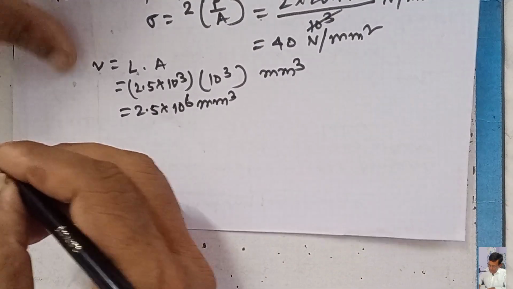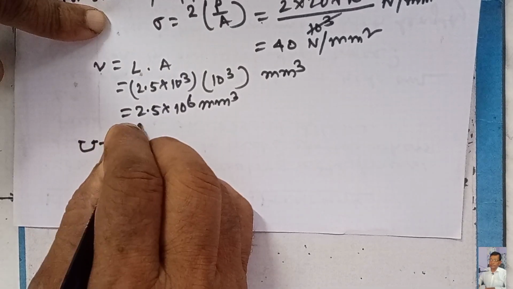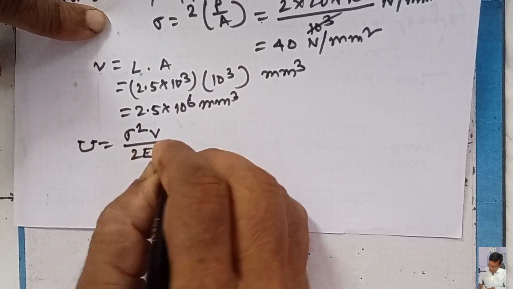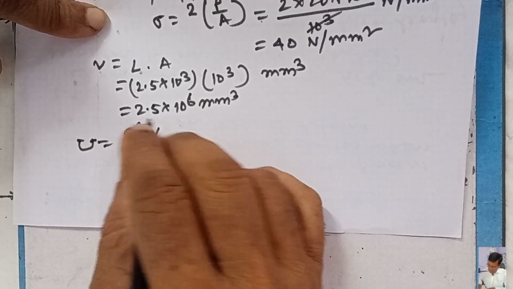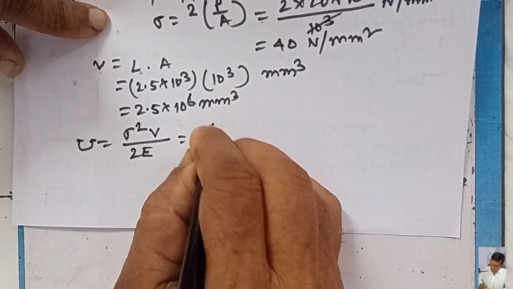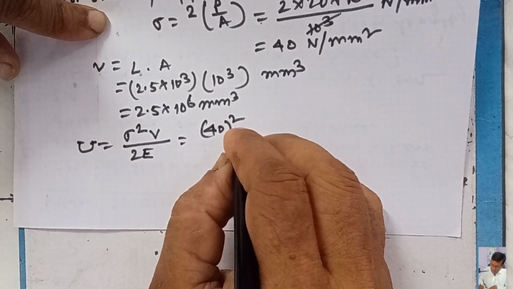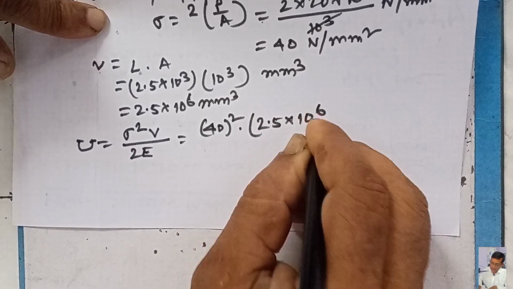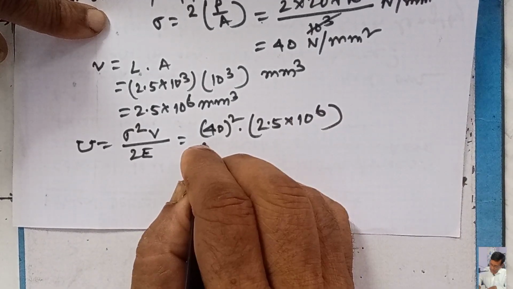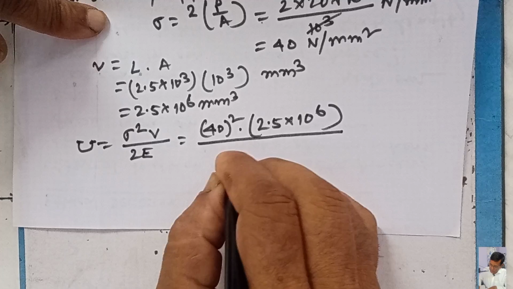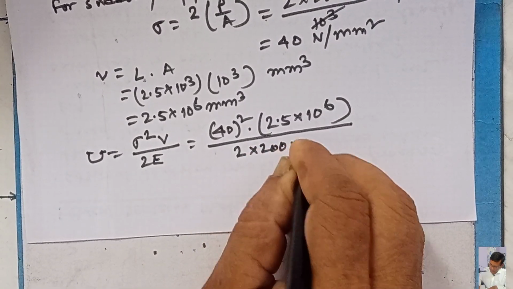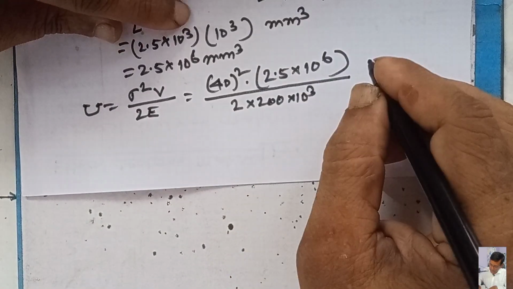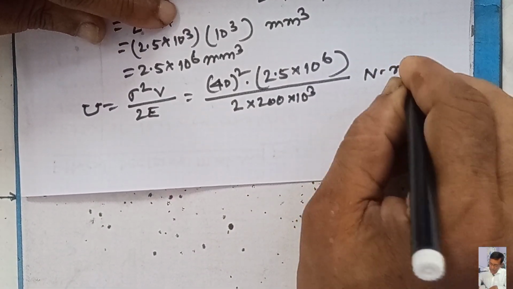So U is equal to sigma square V divided by 2E is equal to 40 square into 2.5 into 10 to the power 6, divided by 2 into E, 200 into 10 to the power cube, Newton millimeter.